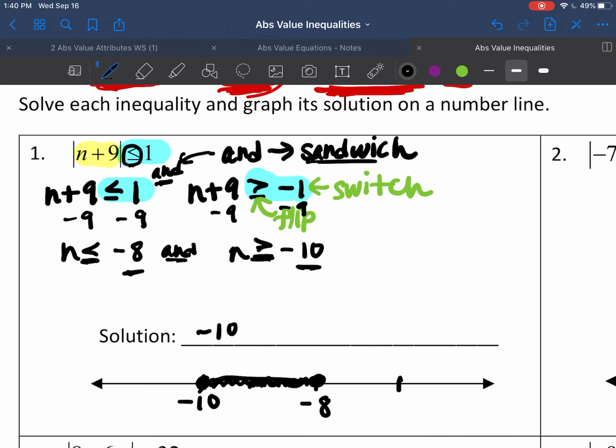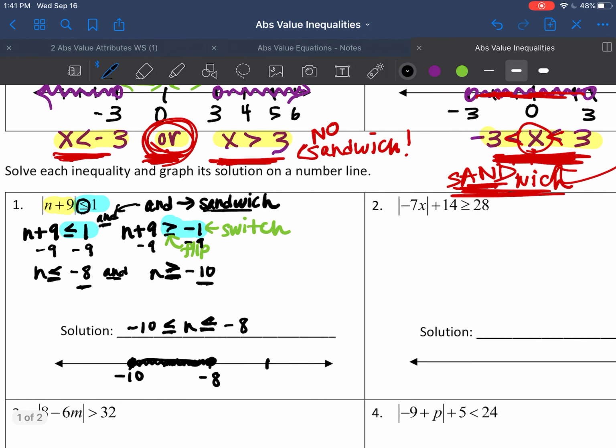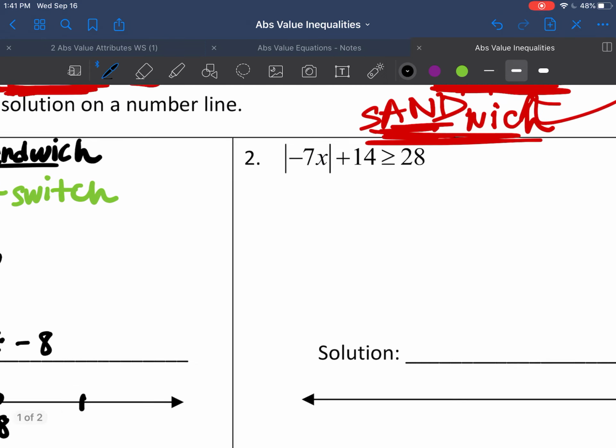So -10 to -8. Notice that this inequality is facing the -8, it's still facing the -8. This inequality is facing away from the -10, it's still facing away from the -10 when I write my final answer. And you do need to write it as a sandwich.